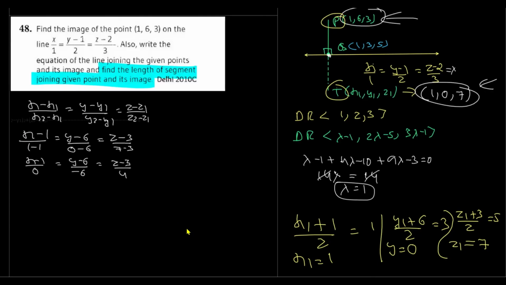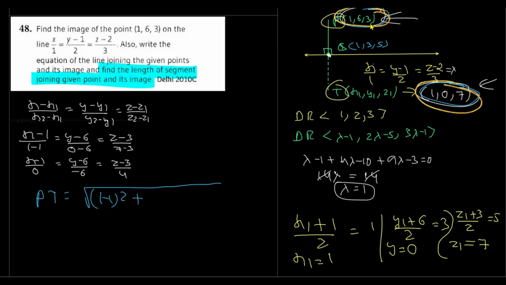To find the distance, I'm going to use the distance formula for PT, which is under root x2 minus x1 whole square, plus y2 minus y1 whole square. Since you know the coordinates of x1 and x2, let me highlight one more time. Here I'm talking about these two coordinates. So this is x2 minus x1 whole square, that is 1 minus 1 whole square, plus y2 minus y1, which is 6 minus 0 whole square, plus z2 minus z1, which is 3 minus 7 whole square.